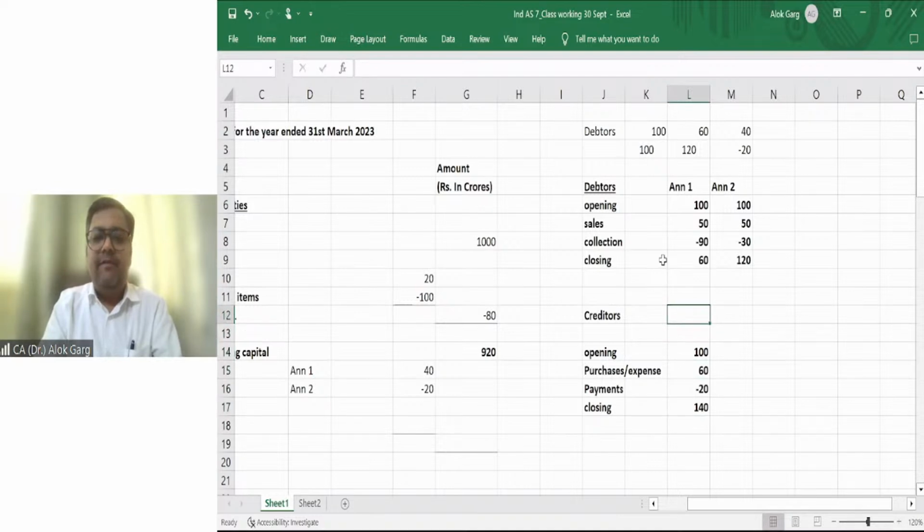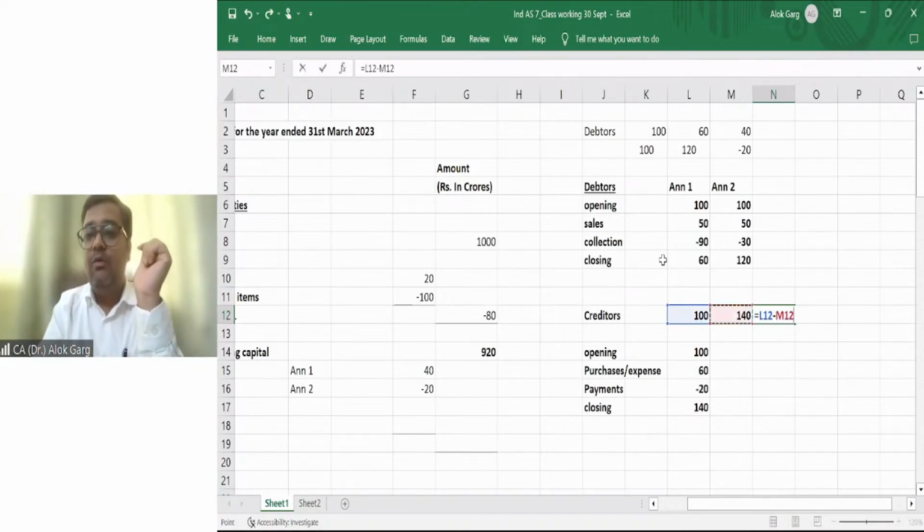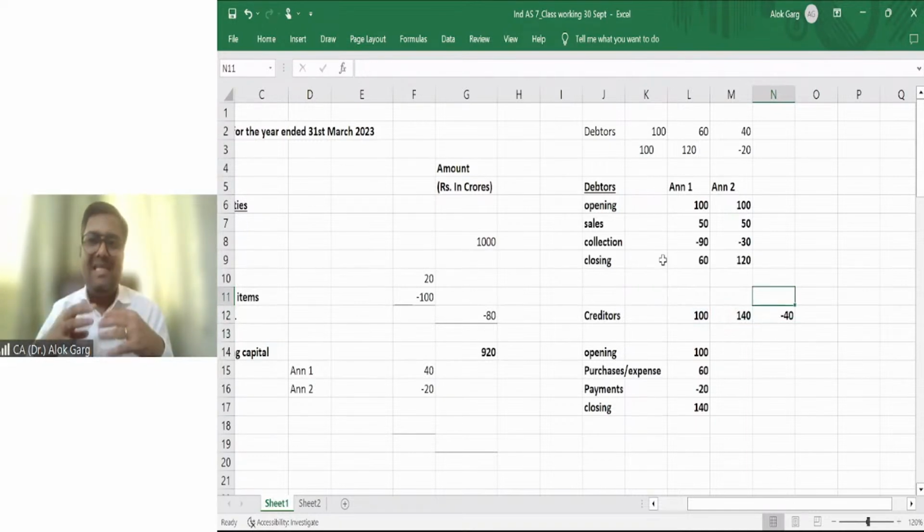Friends, if my creditor balance was 100 in the opening, 140 in the closing, what does it mean? It means I have not paid the opening creditors. That is number one. Number two, even though the purchases which I have made in this year, I have not made a full payment to the creditor for the current year purchases.